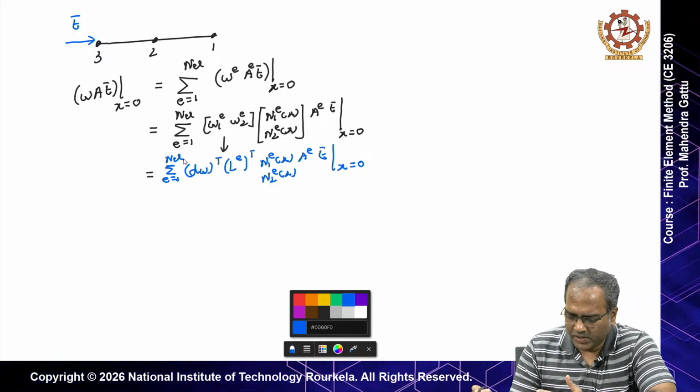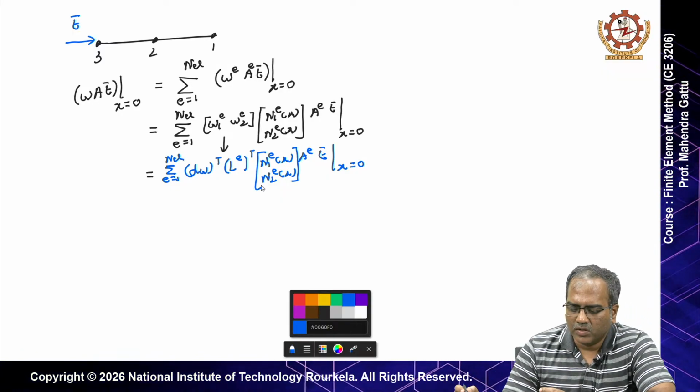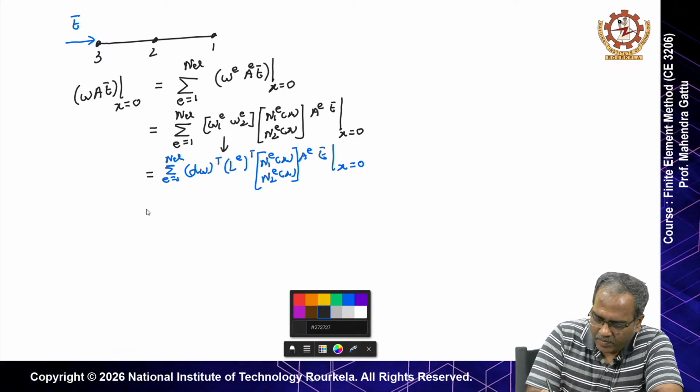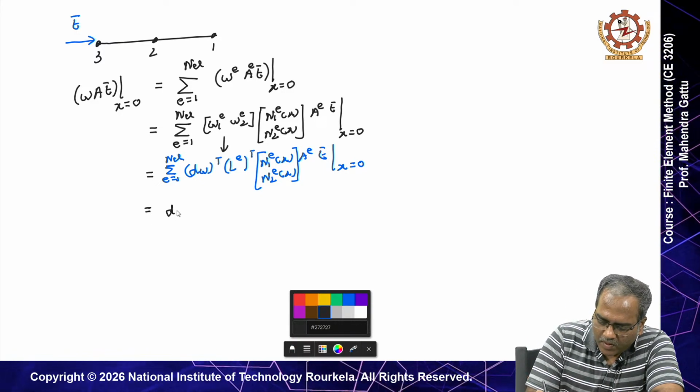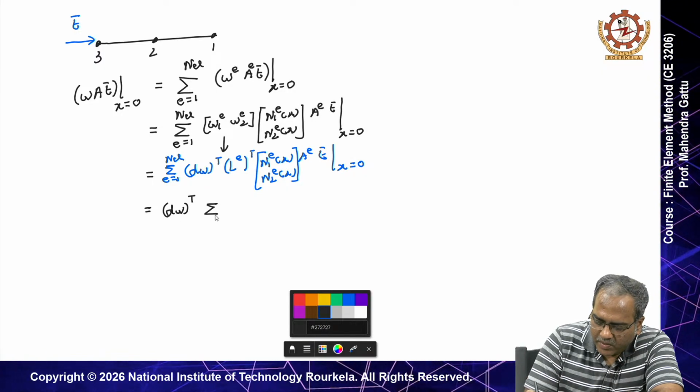Okay, so, I am doing the scatter operation here. So, we can take the dW term outside, and in the interior part we have the summation.